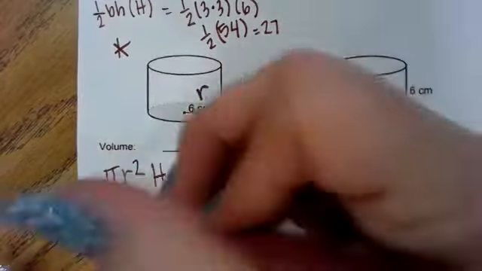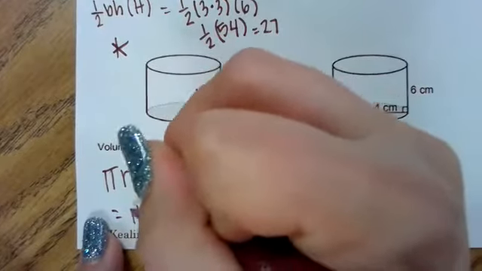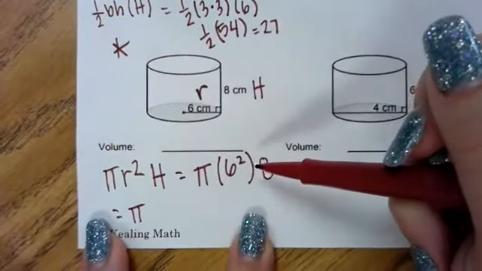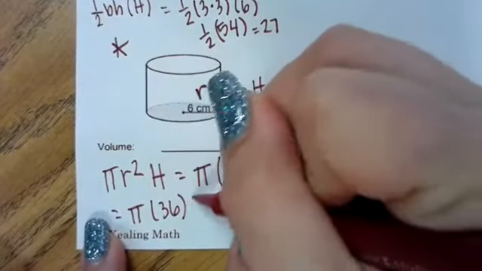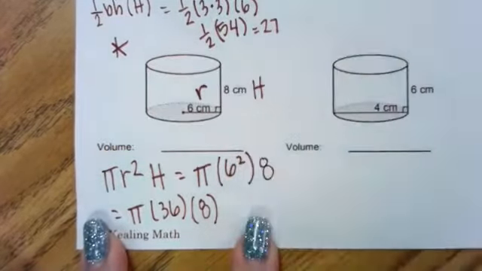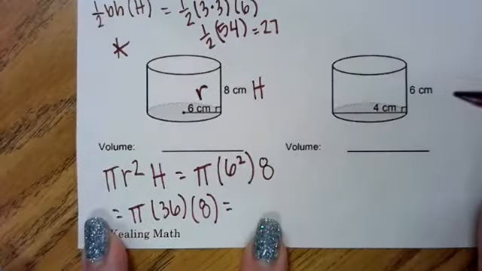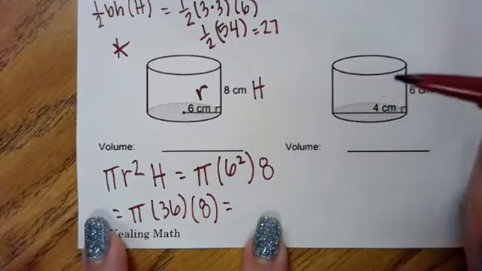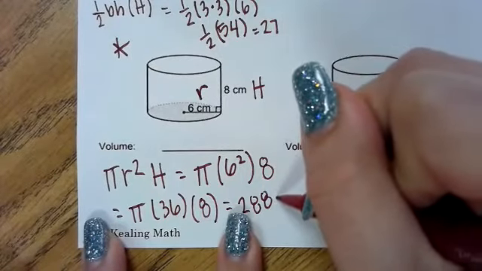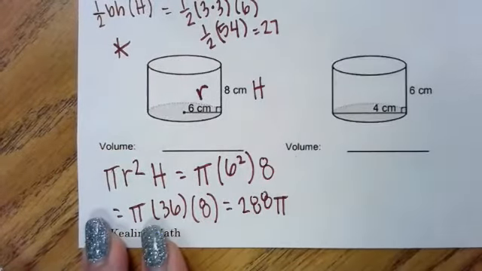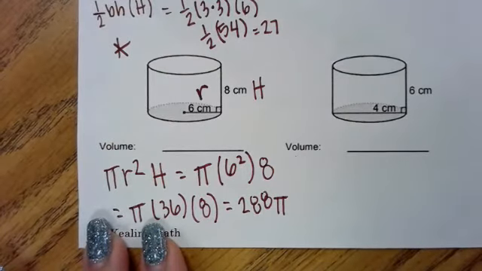If I simplify that, pi times 6 squared is 6 times 6, which is 36, times 8. And if I simplify that even more, 36 times 8 is 288. If I asked you to leave your answer in terms of pi, you could leave it like this, but in the instructions, it says use 3.14 for pi when necessary.